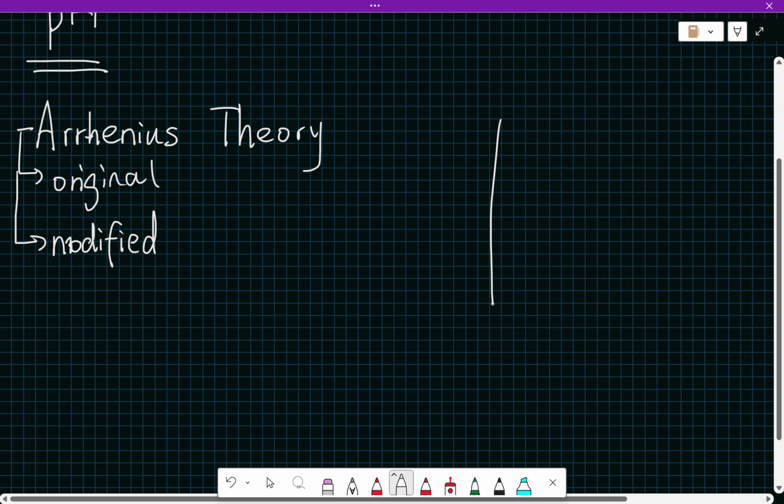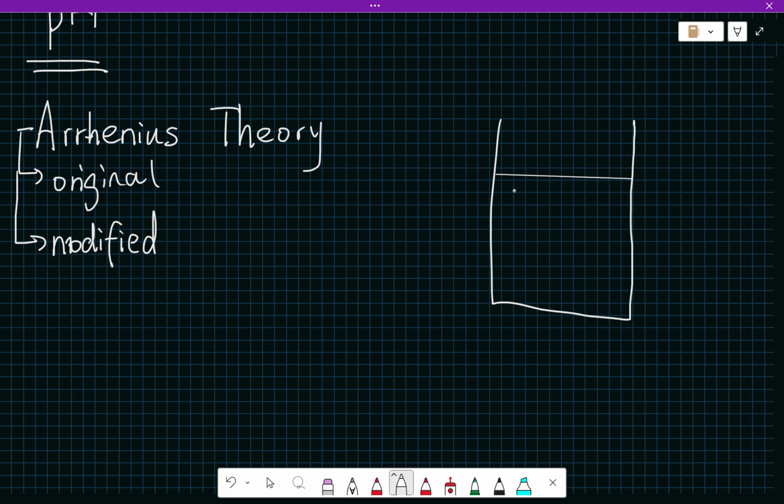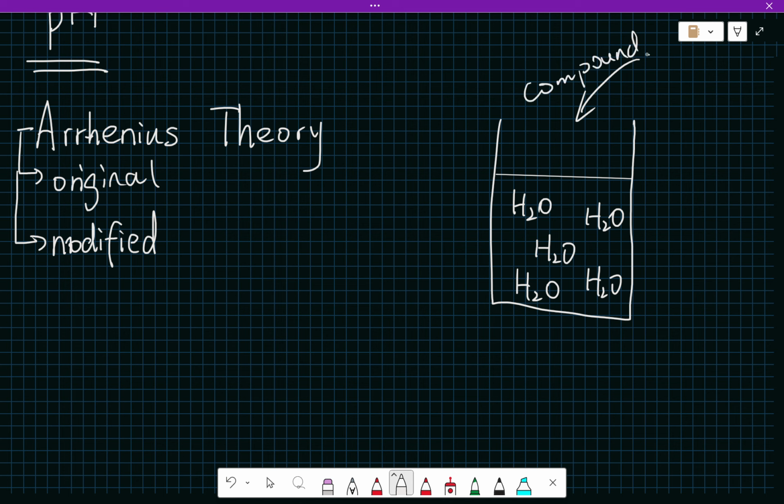So as we know, if we have a beaker of water, these water molecules will occupy the space in the beaker. And when we put some compound in, for example, sodium chloride, this compound will be dissociated into two ions, the cation sodium and the anion chloride.